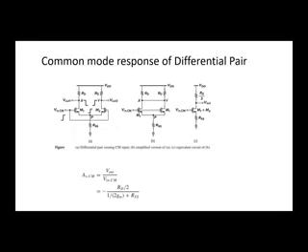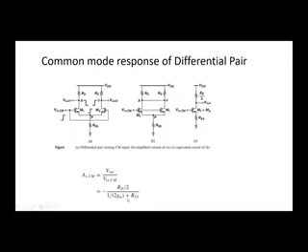Note that the composite device M1 plus M2 has twice the width and the bias current of each of M1 and M2, and therefore twice their transconductance. The common mode gain of the circuit is equal to Vout divided by Vin,CM, that is minus RD divided by 2, divided by 1 over 2gm plus RSS.